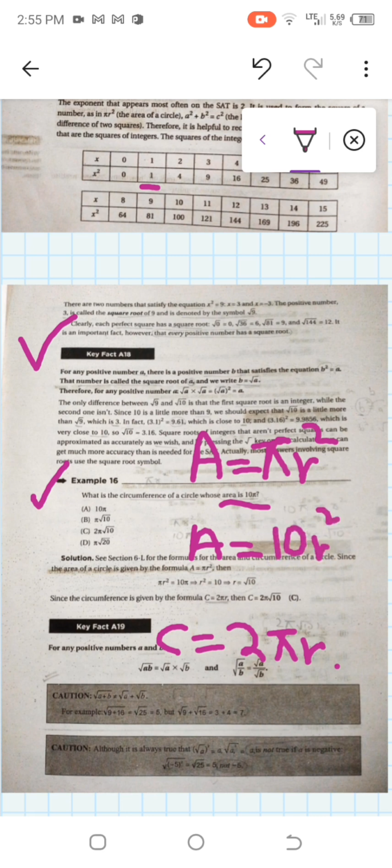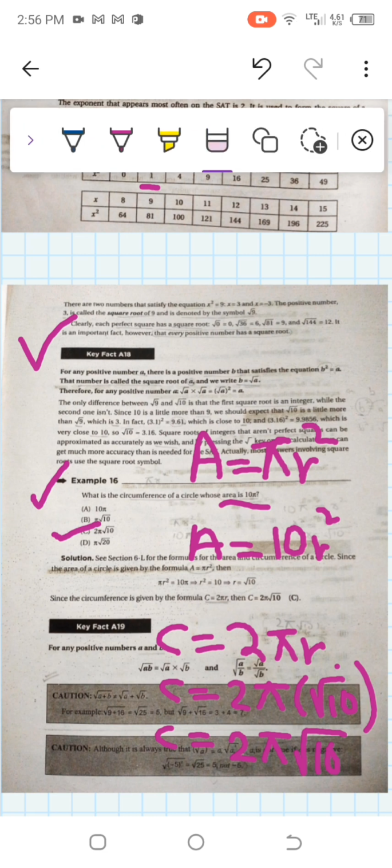So r is the square root of 10, and c is equal to 2 pi root 10 is the answer. Option C is correct. I hope this is clear to everyone.